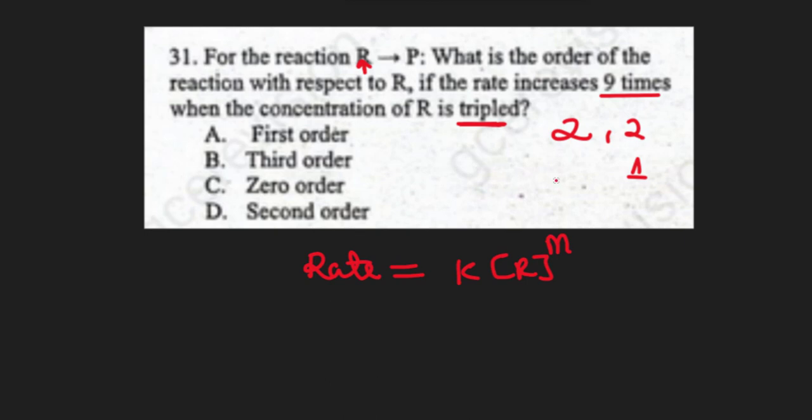It tells us that the reaction is independent of the reactant. So the order of a reaction gives us the dependence of a reaction on a particular reactant. For this question, our correct answer is second order because the rate increases 9 times as the concentration of R triples. D is our correct answer.